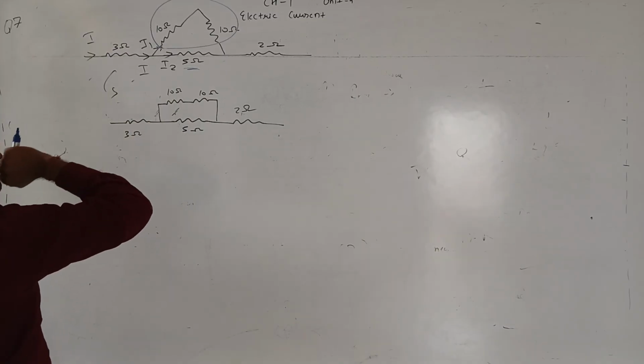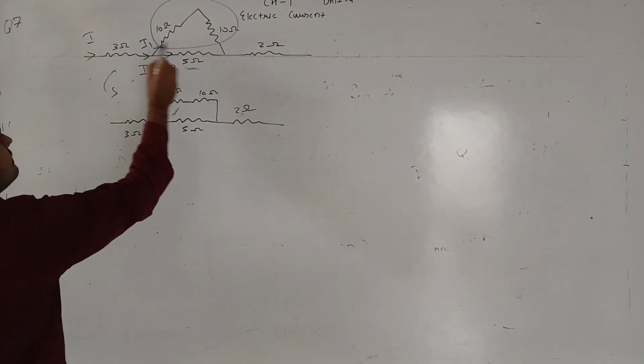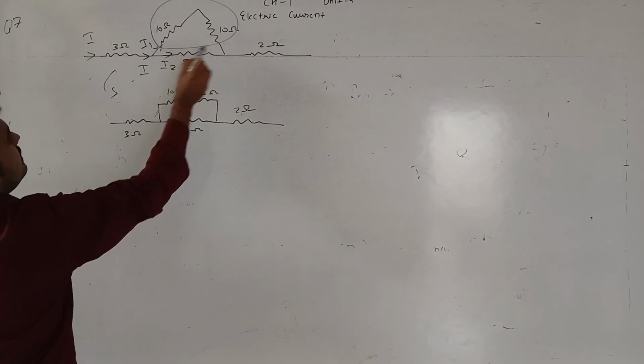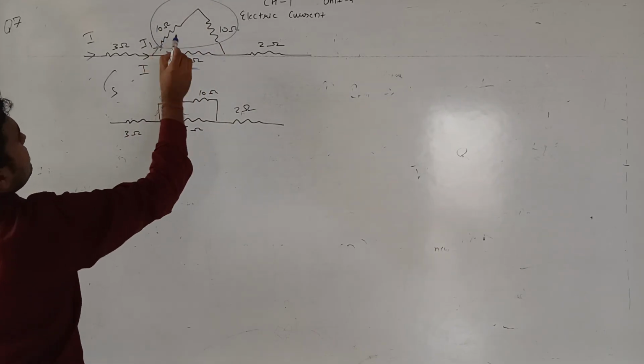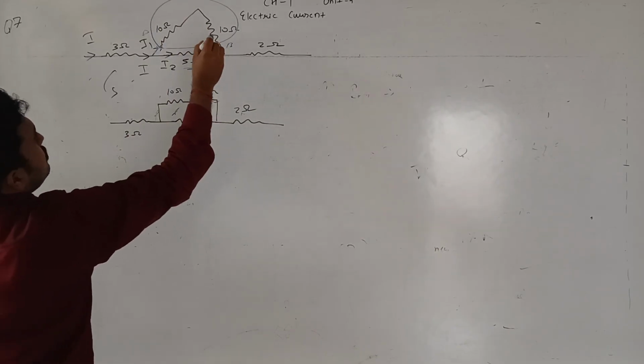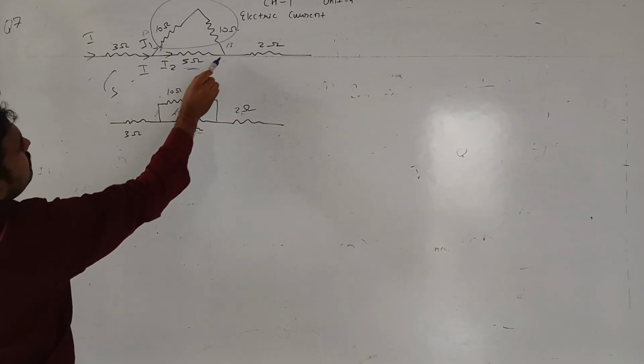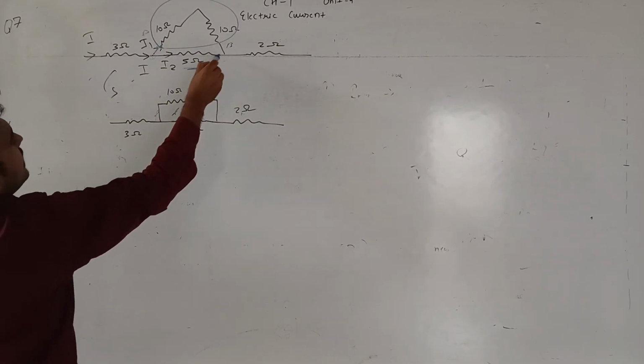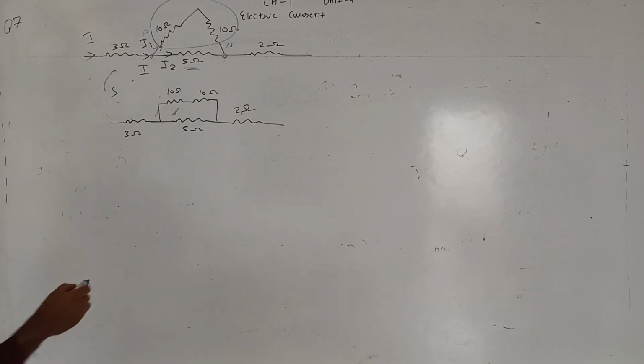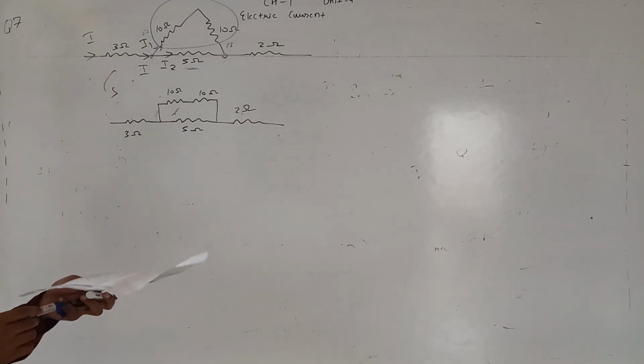Why? Because see the ends, the two ends A and B of this combination and the two ends of the 5 ohm resistance are both connected to the same points.